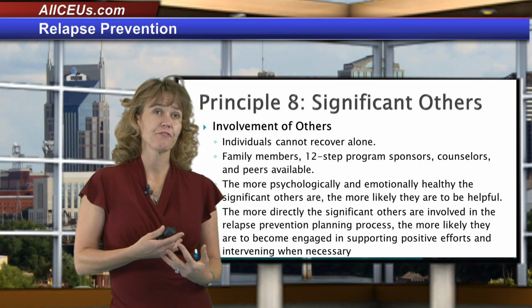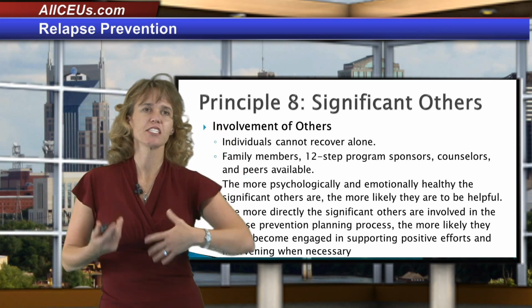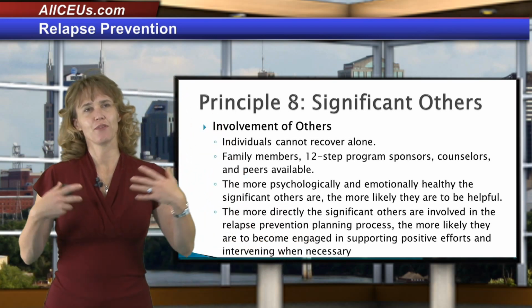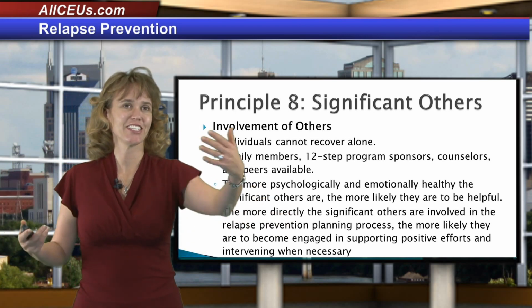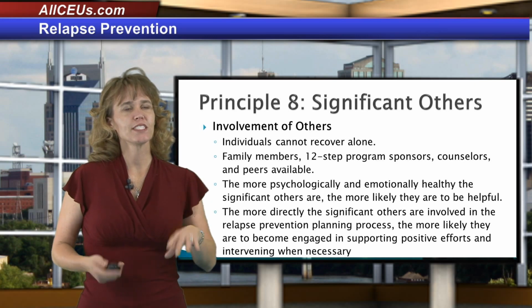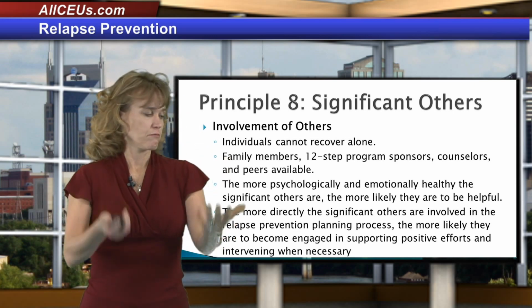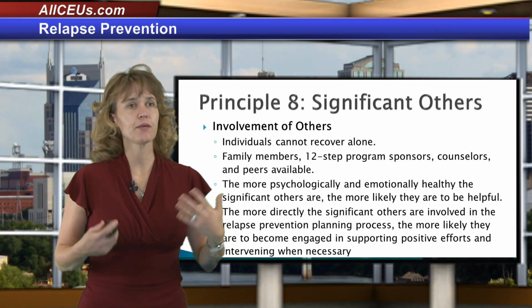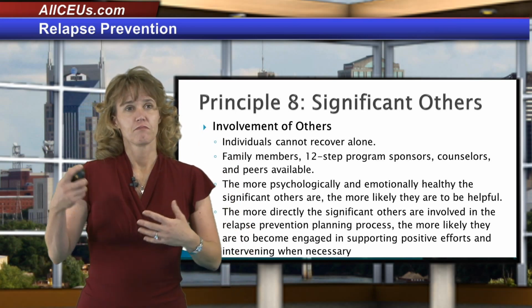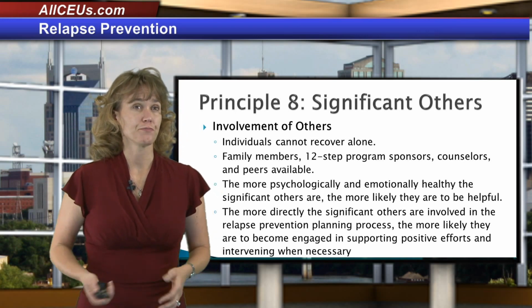One of the things we do in family education group is we teach the significant others the same coping skills and basically the same curriculum that we're teaching the identified patient. However, we tell them, when your loved one starts feeling stress or seeming depressed, let's identify some things that they could do.